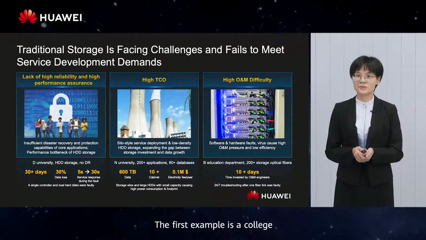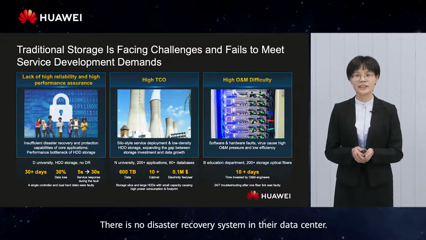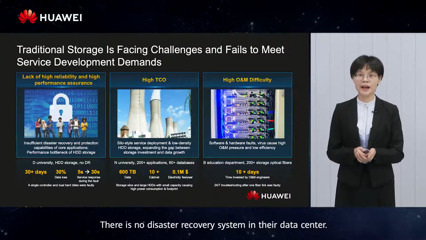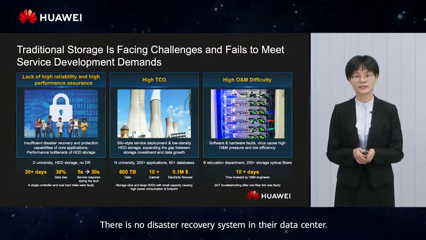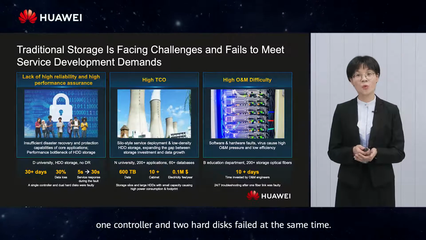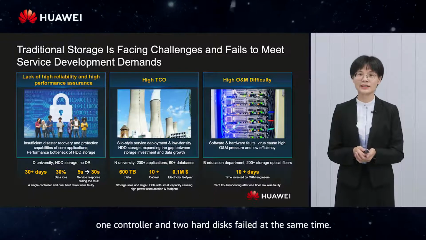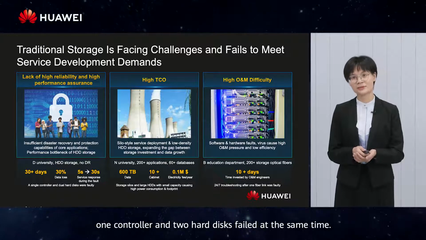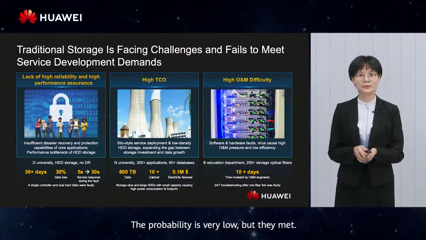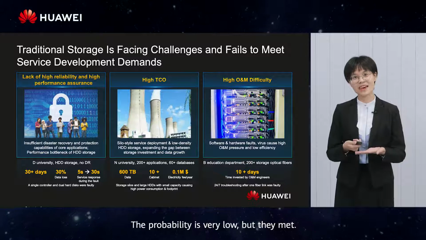The first example is a college. There is no disaster recovery system in their data center. Once, 1 controller and 2 hard disks failed at the same time. The probability is very low, but they met it.